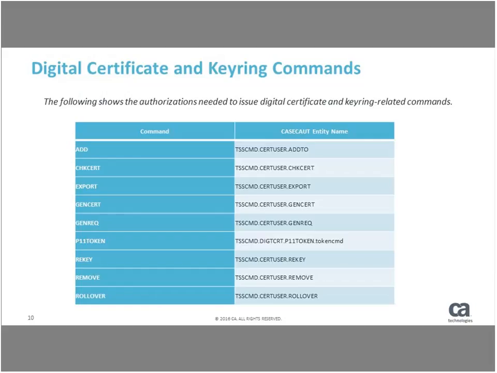All the various commands on your left side, from add to export, gen cert and all, and then a corresponding entity name on the right. Let me go to the next screen.